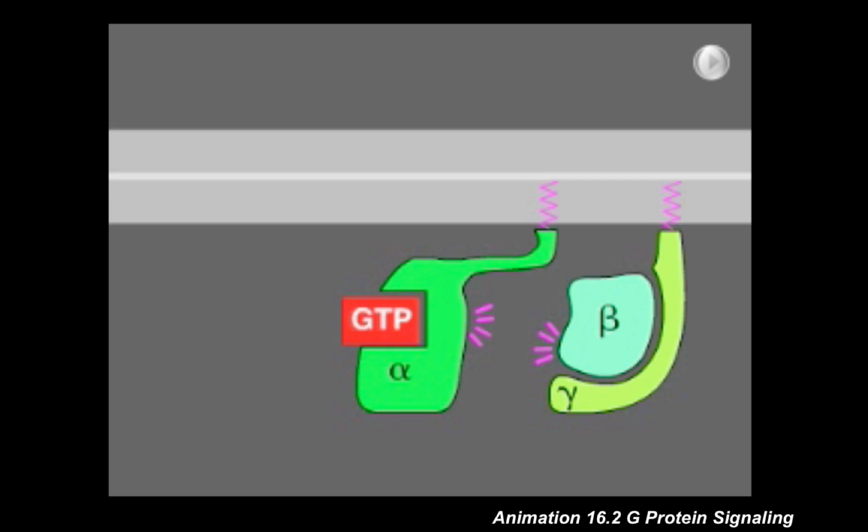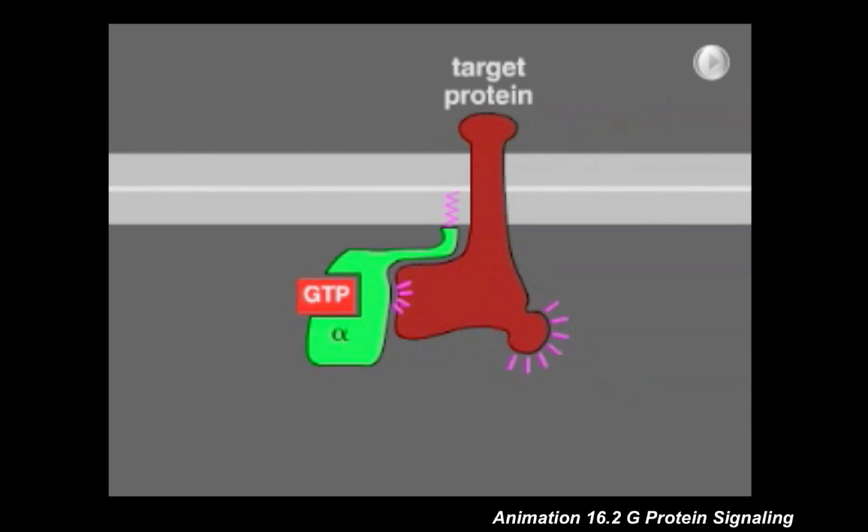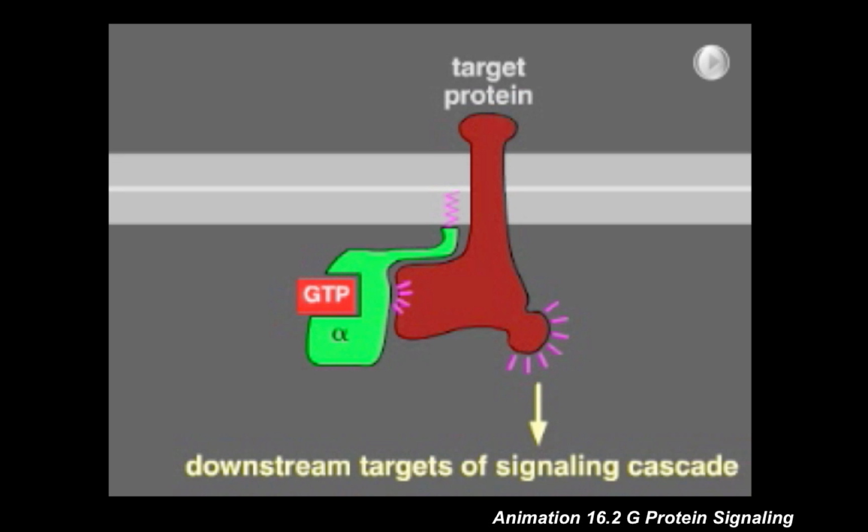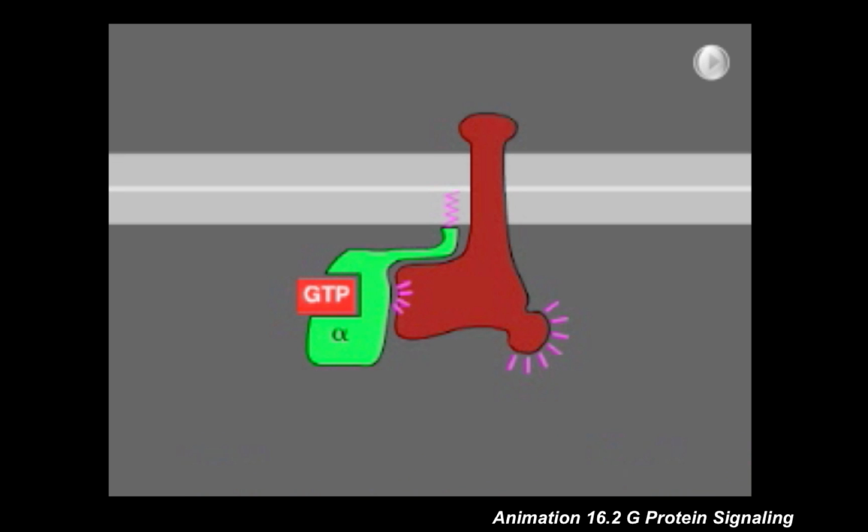In either case, both of the activated components can now regulate the activity of target proteins in the plasma membrane, as shown here for a GTP-bound alpha subunit. The activated target proteins then relay the signal to other components in the signaling cascade. Eventually, the alpha subunit hydrolyzes its bound GTP to GDP, which inactivates the subunit.